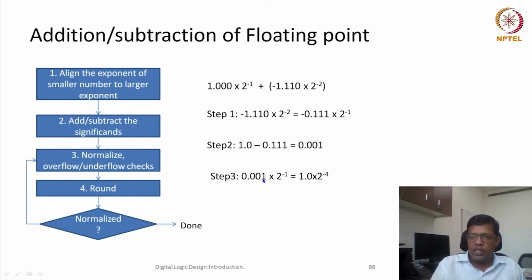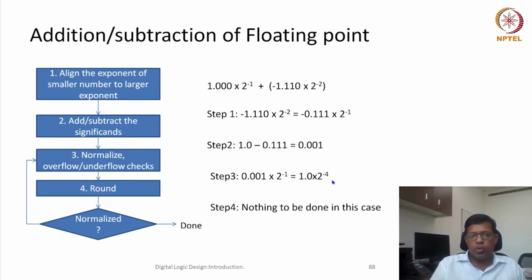In normalization, this number needs to be converted into the standard scientific notation. So that means this has to be shifted left, and whatever number of bits we shift, that we will add to the exponent. Because we are shifting it by 3, we will subtract 3 here and it will become 2 to the power minus 4.